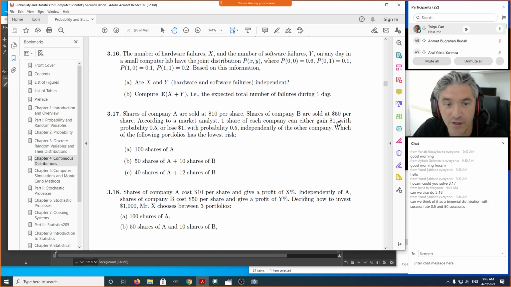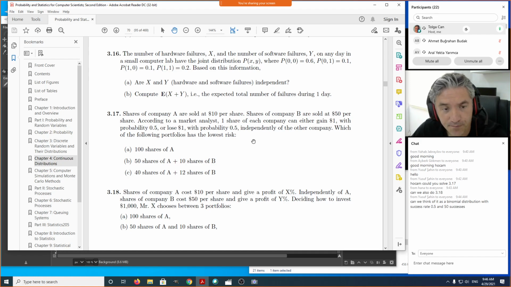It's $1, fixed in both cases. So this will probably affect how they behave. In order to solve this question correctly, we need to compute the expected value of 100 shares of A.